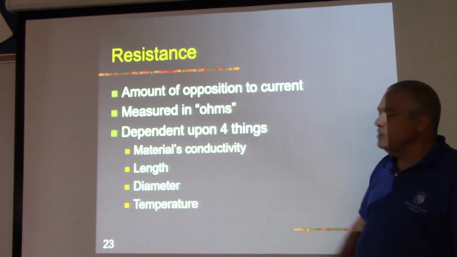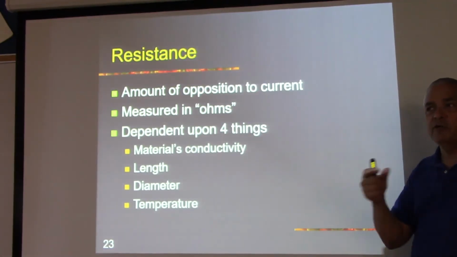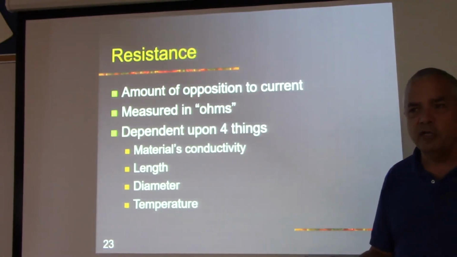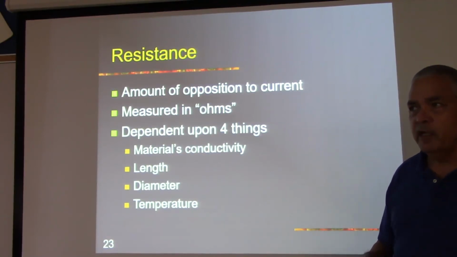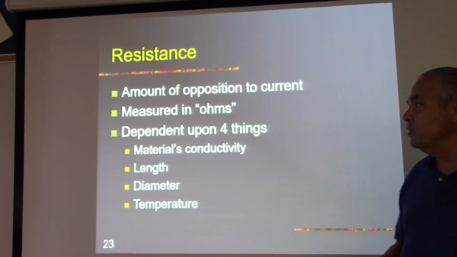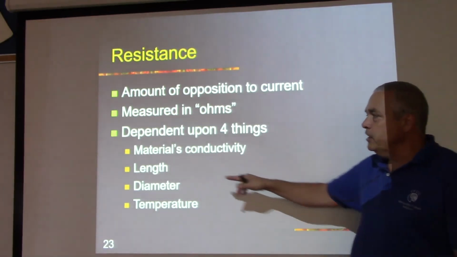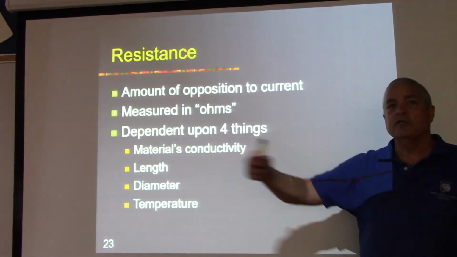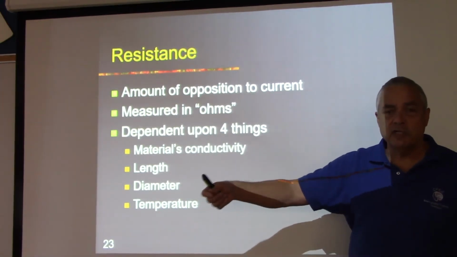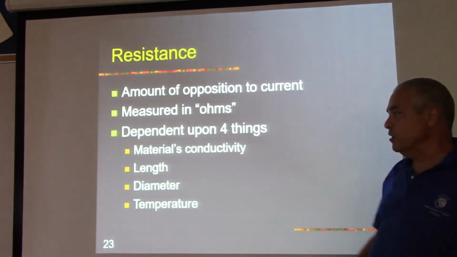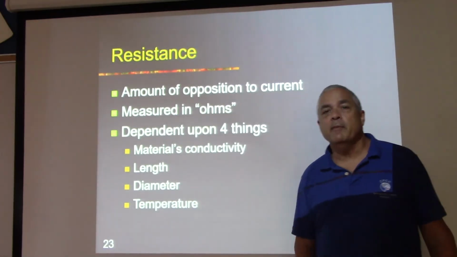The conductivity of the material. Materials that don't want to conduct electricity, or they will conduct, but grudgingly, like a piece of steel, a piece of iron, something like that, that's going to get hot really fast. The length of the conductor. The longer the conductor, the higher the resistance and the more heat issues you're going to have. The diameter of the conductor.